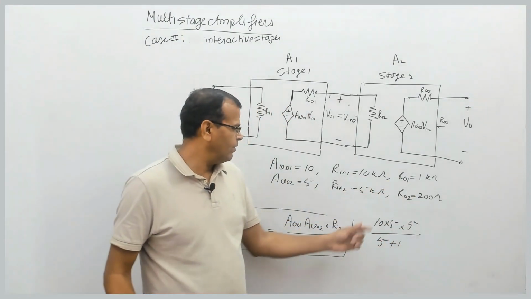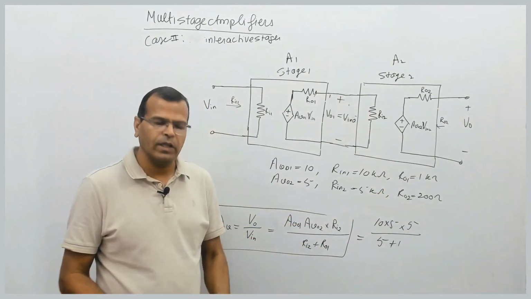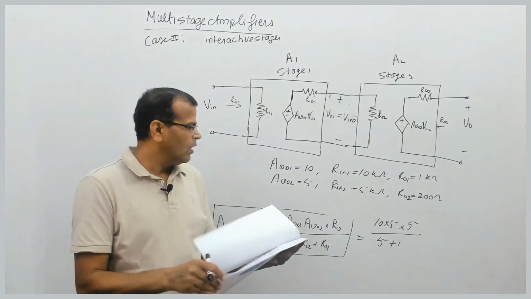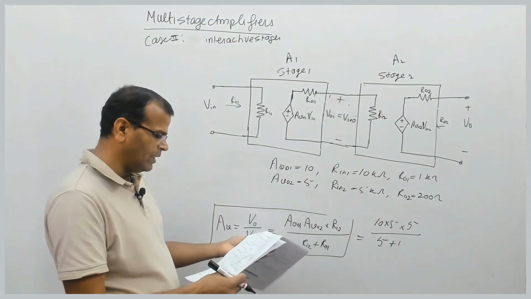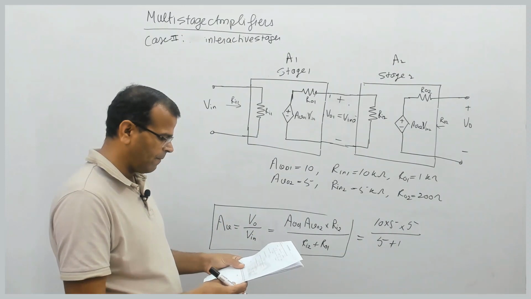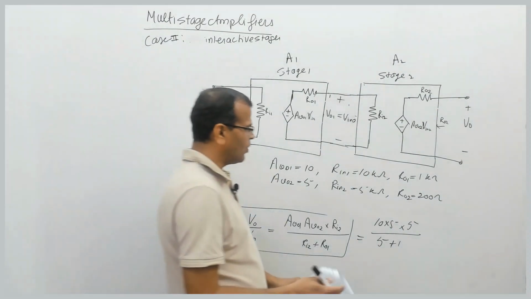Ri2 is 5 and Ro1 is 1. That's it. You can calculate the value of the answer.